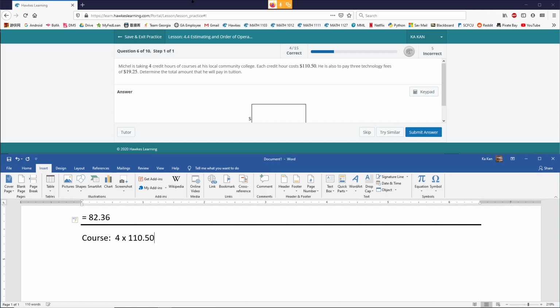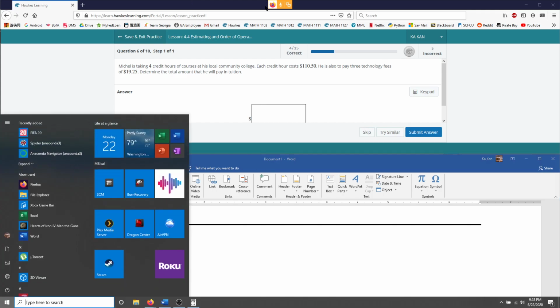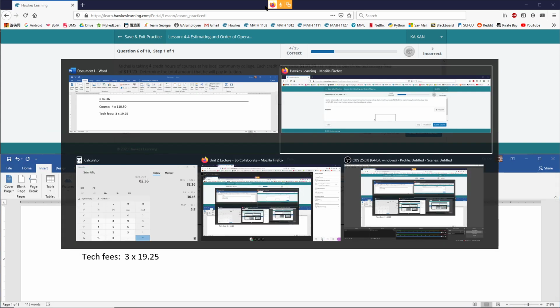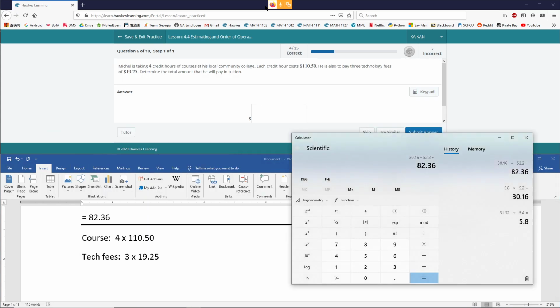Then you have the tech fee. You gotta pay 3 of those, so that's 3 times $19.25. Let's put it together and see what's up. Let me use the calculator. 4 times 110.5, I usually just go ahead and write down the answer first.